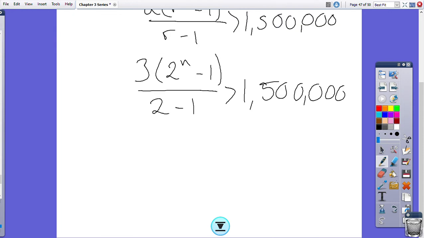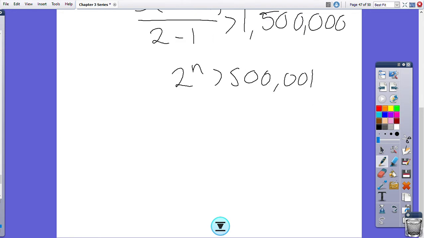And then you've got 1.5, and you've got 1.5 million. So a bit of jiggery pokery, and you get 2 to the n is bigger than, slightly smaller, 500,001. Right, taking logs, yet again this pattern should be quite familiar to you by now.